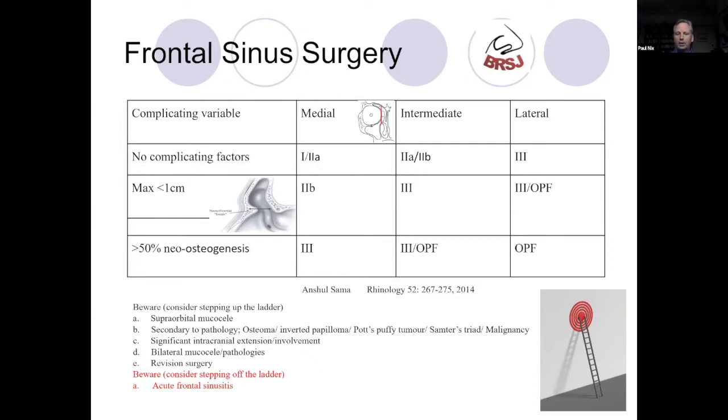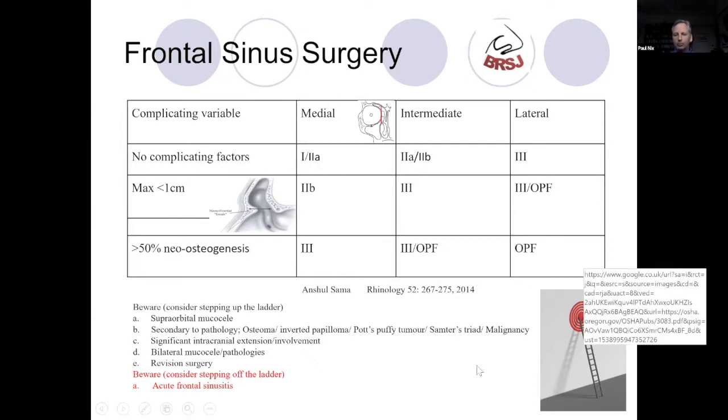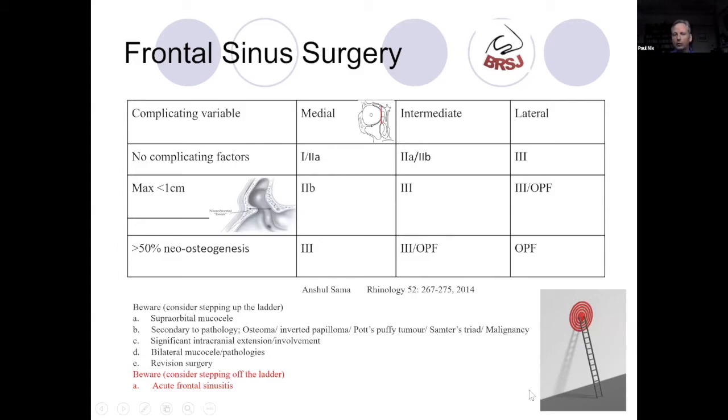So now we have the idea of a ladder. To approach surgery in the frontal sinus, we want to start at the very bottom if possible, and then only work our way up as things get progressively more difficult with what we're dealing with. So if it's a very narrow AP diameter, I would step up the ladder. So instead of thinking about a Draf I procedure, I'd be thinking about a Draf IIB procedure.